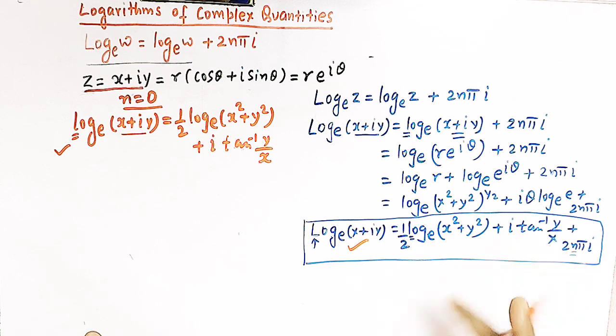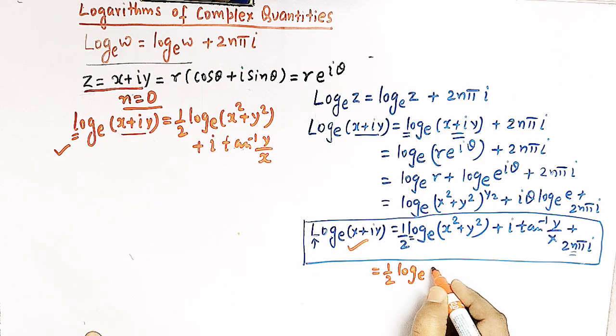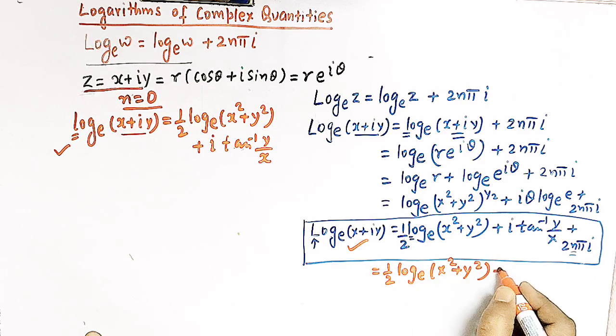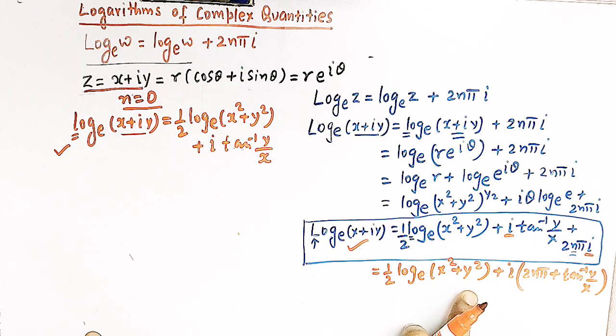Now this expression can also be written as half log to the base e of x square plus y square, and here we can take I common, so we have I times 2n pi plus tan inverse y over x. So this expression can also be written like this.